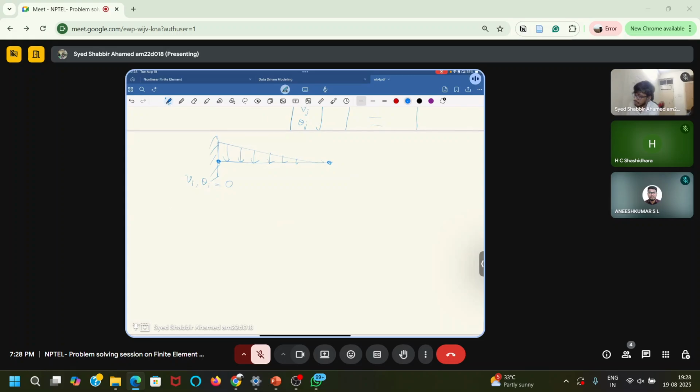This is simple matrix multiplication. So we will only have N3 and N4 terms, which we will get like this.